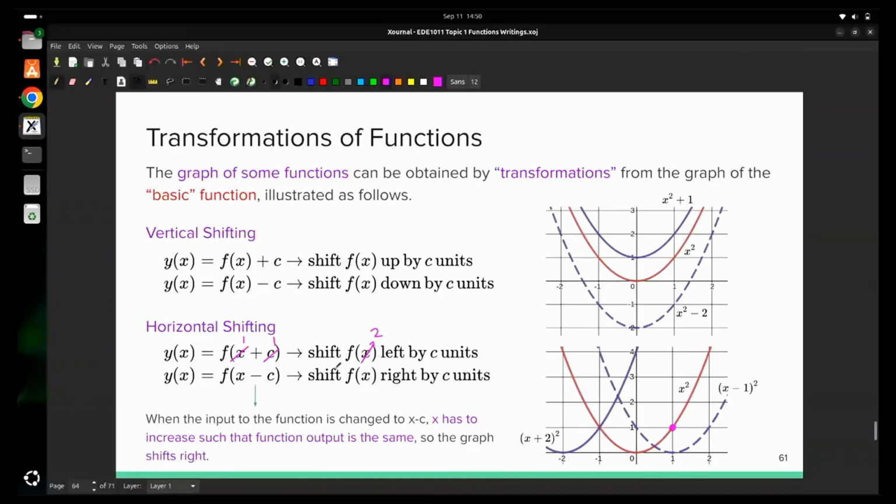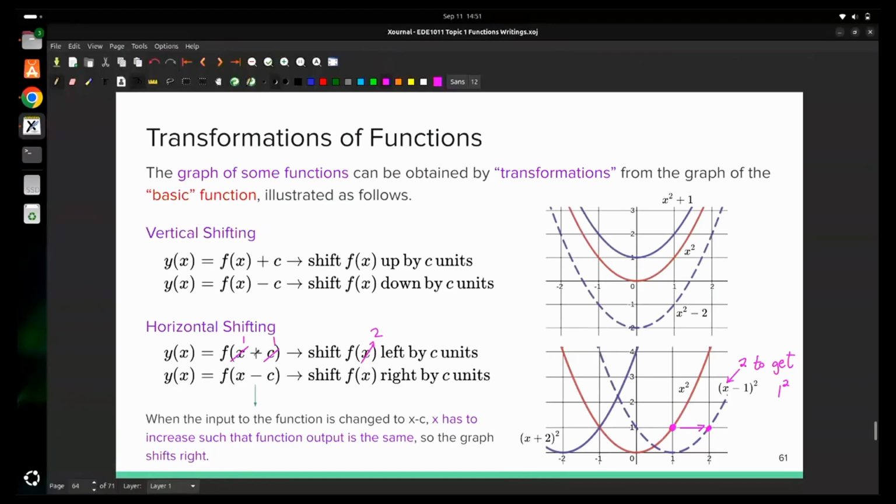So this is the same function value as when x is 1 here. This x must be 2, because of the minus 1, to get 1 squared. I'm really comparing these two points here. Because x must be 2 instead of 1, as compared to x squared, the whole graph shifts towards the right-hand side.